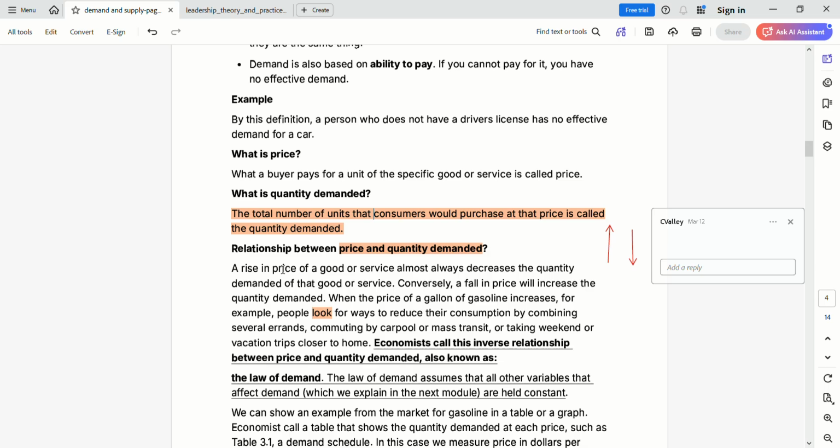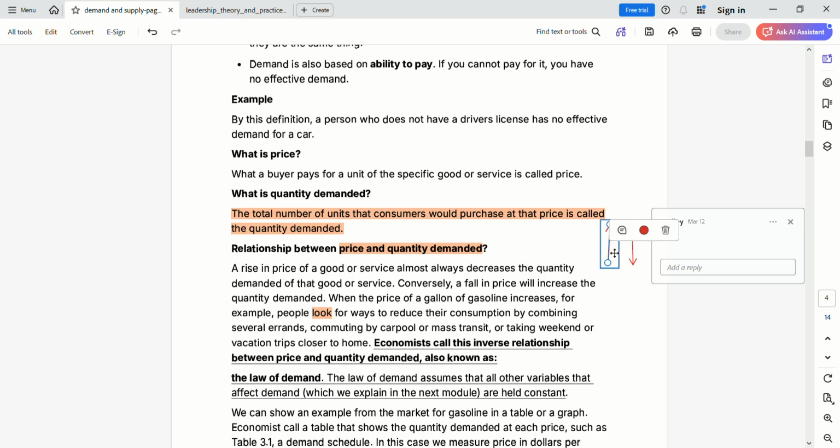Economists determine the relationship between the price and the quantity. That is the base of the law of demand. If a change in the price brings a change in the quantity demanded, we can say that there is a relationship between the price and the quantity demanded.